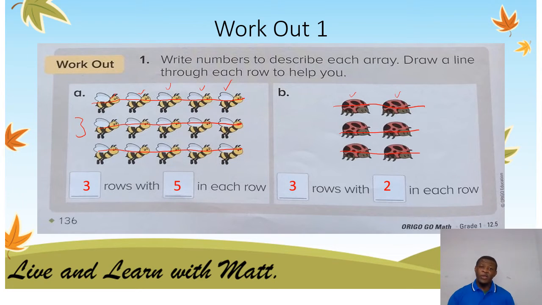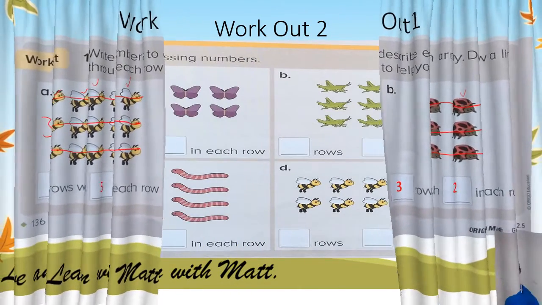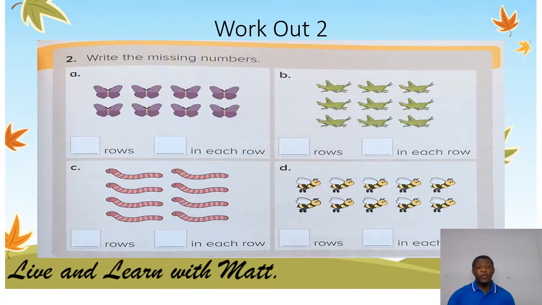Now let's go to number 2. Write the missing numbers. So everybody, what do we write? That's correct.